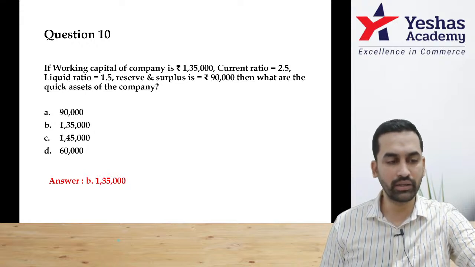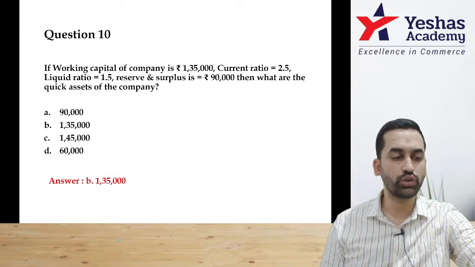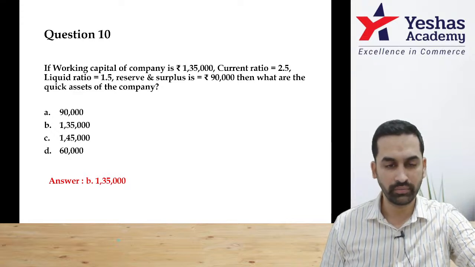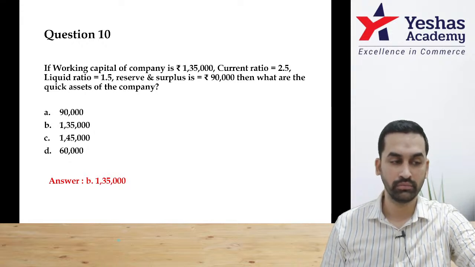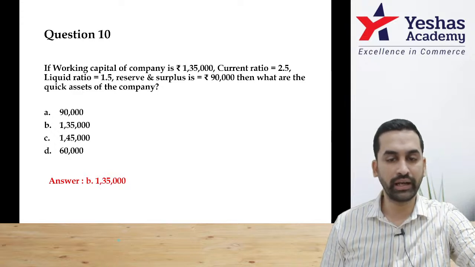B is the final answer. You are doing a simple mistake. Those who are saying, sir, I got 90,000, you are doing a mistake in the last step.